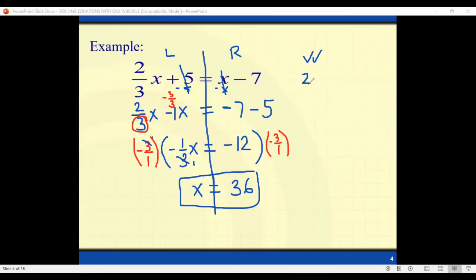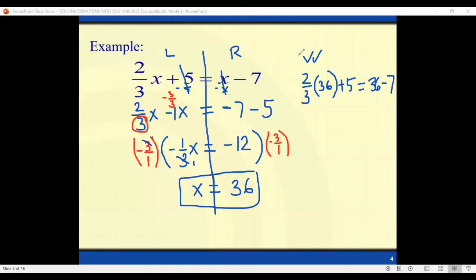Again, it will just be 2/3 of x. So our x is 36. So we will now take the value of that x, which is 36, and then plus the 5. And we are going to equate that to, again, you have x minus 7. So again, our x is 36, and that is minus 7.